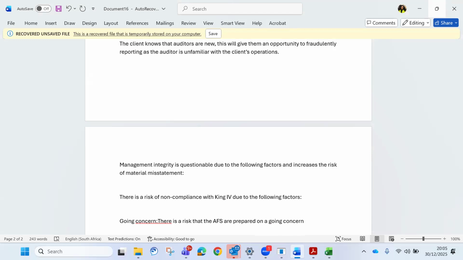Going concern basis means that this company is operating smoothly. It is supposed to be operating, and it's liquid, there's money, and all of that. Now there's a risk that we did this on a going concern basis when it is actually not a going concern, so the AFS are prepared on a going concern basis when they actually should not be.